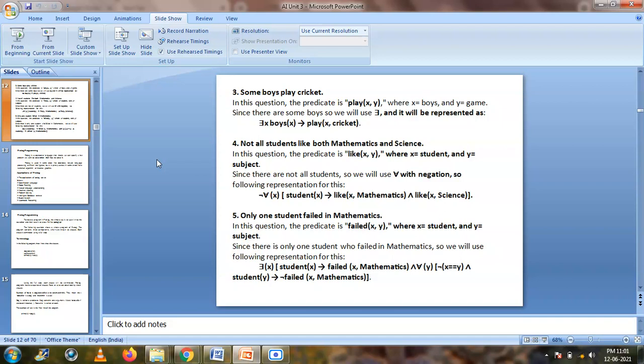Fourth: not all students like both mathematics and science. The predicate is like of x and y, where x is a student and y is a subject. Then for all x, student of x implies like of x mathematics and like of x science.